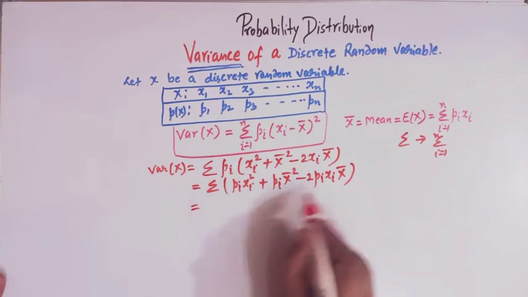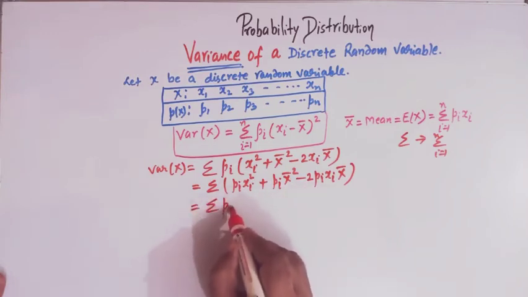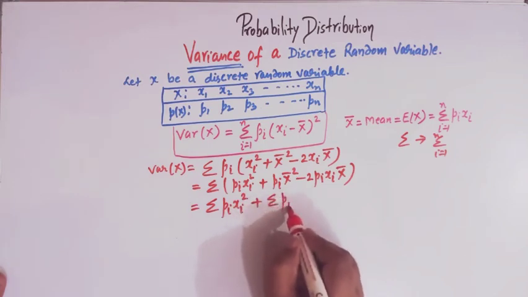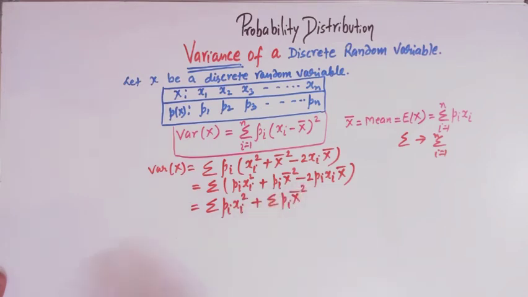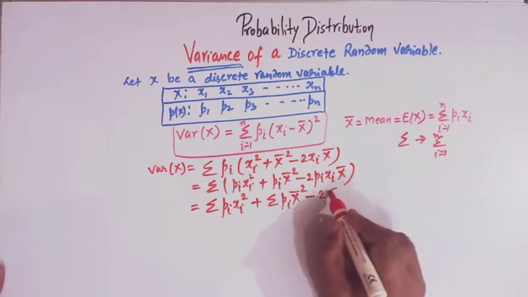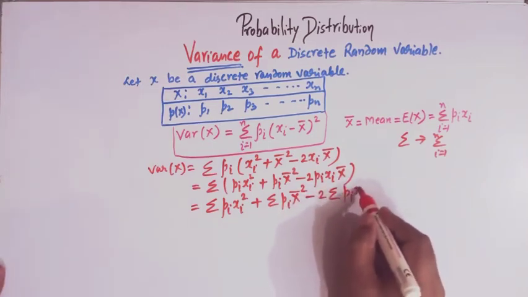Now this can further be written as sigma pi xi square plus sigma pi x bar square minus 2 times sigma pi xi x bar.